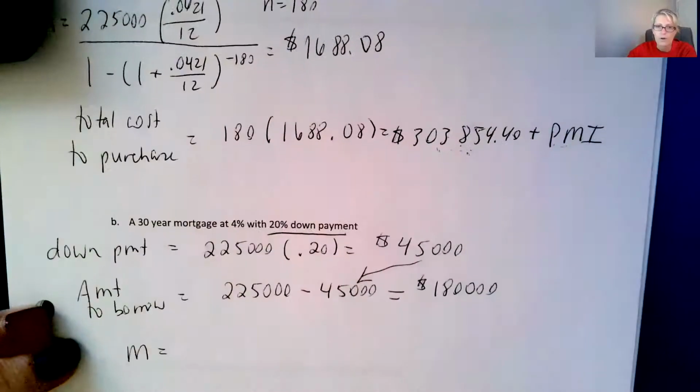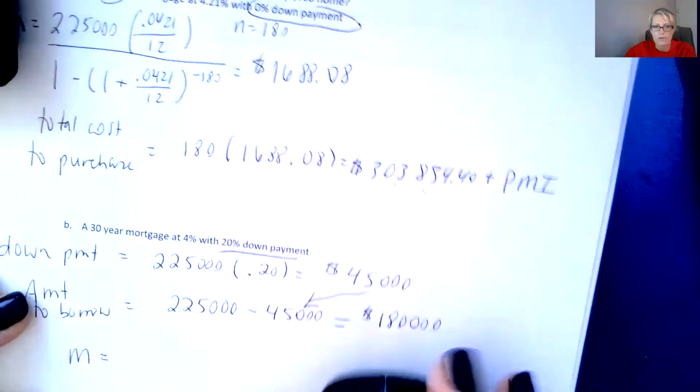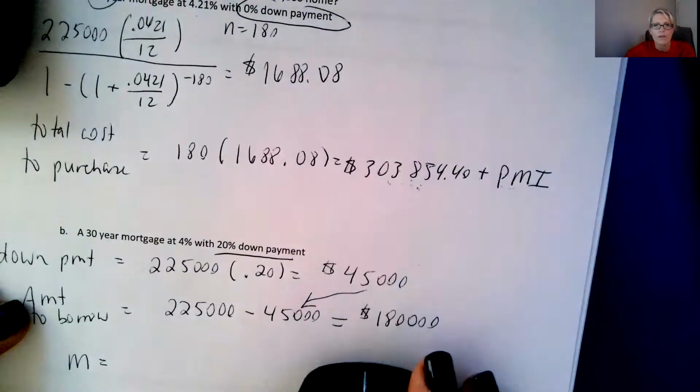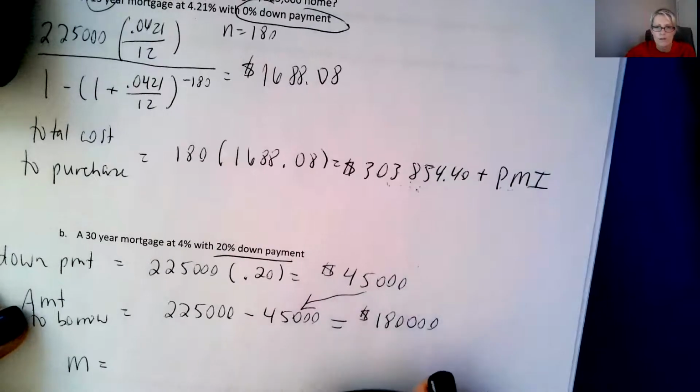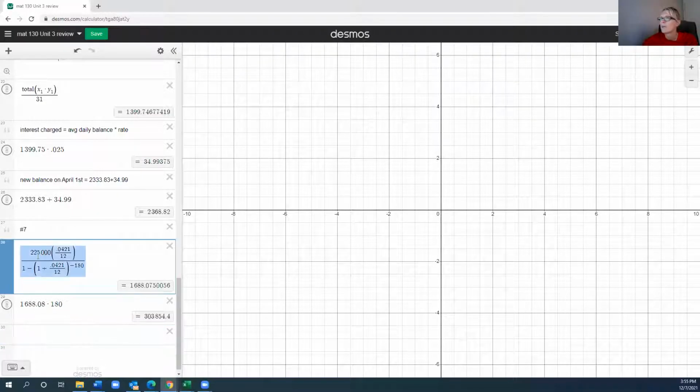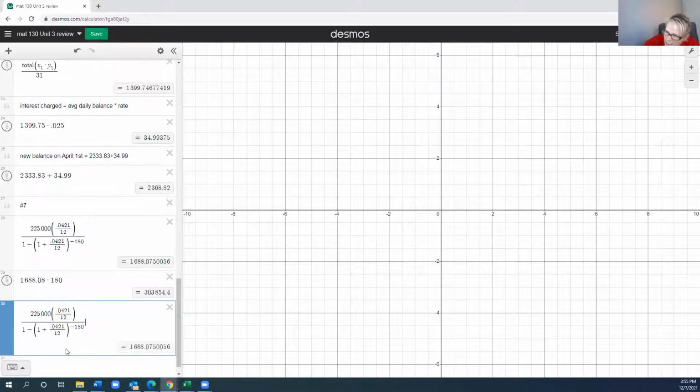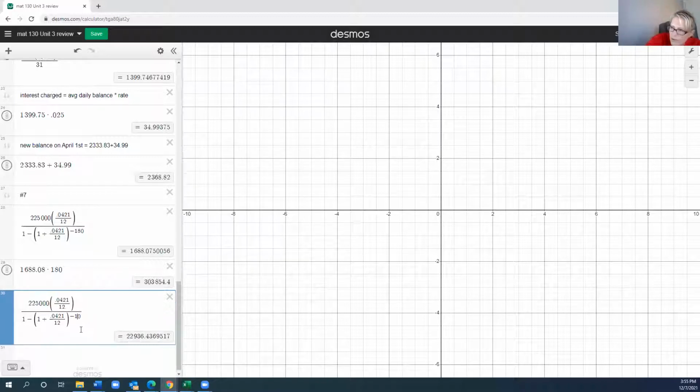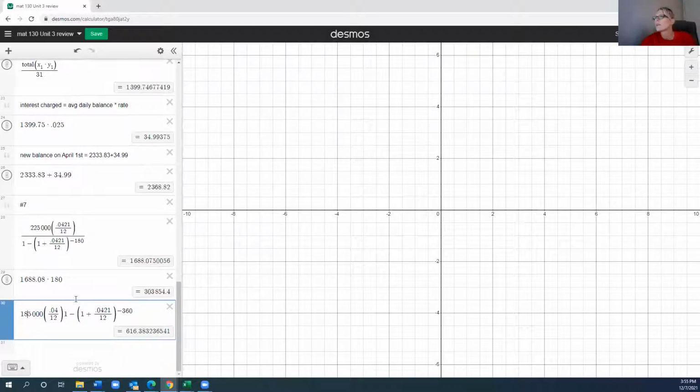Okay. So for their monthly payment, I'm just going to go straight to Desmos and copy this formula over and put that in. And this time they're borrowing it for 30 years, so it's going to be 360 payments. We have to remember that they have a little bit lower interest rate because they aren't borrowing as much, and they're only borrowing 180,000.